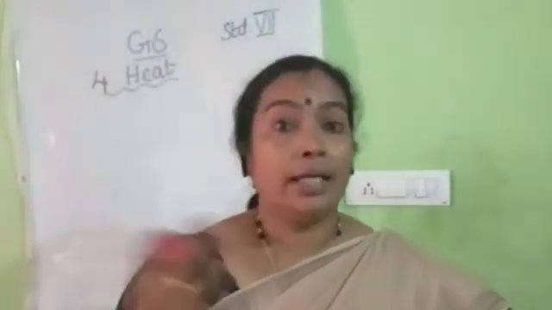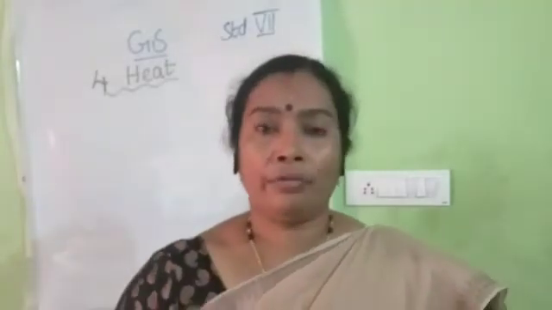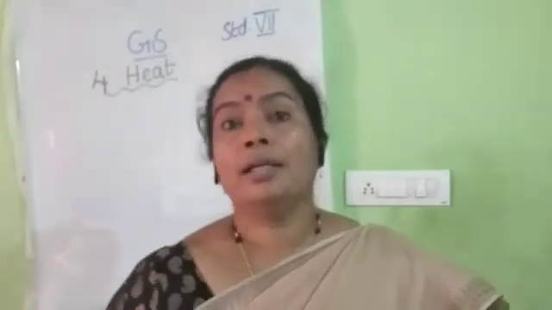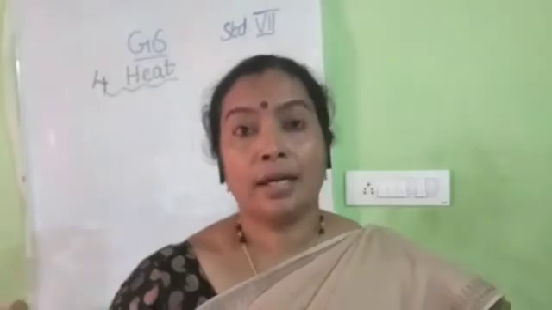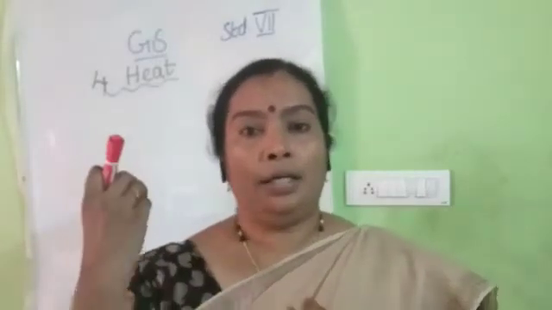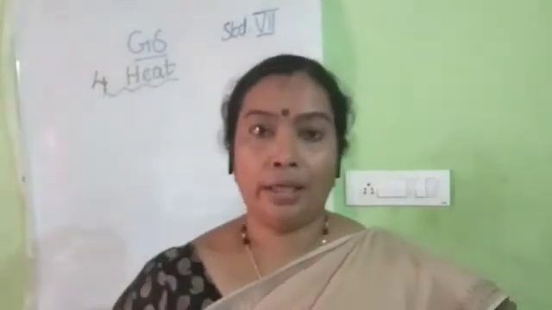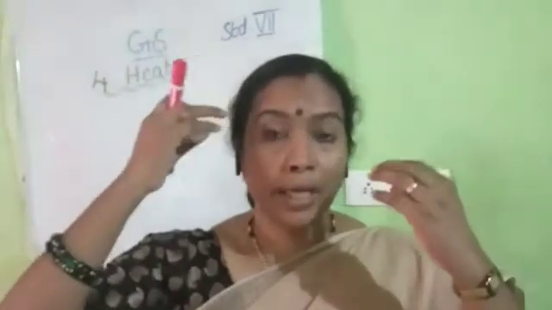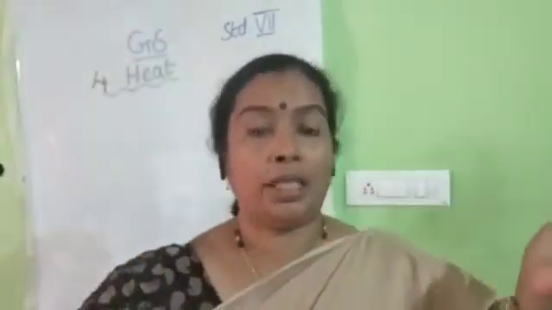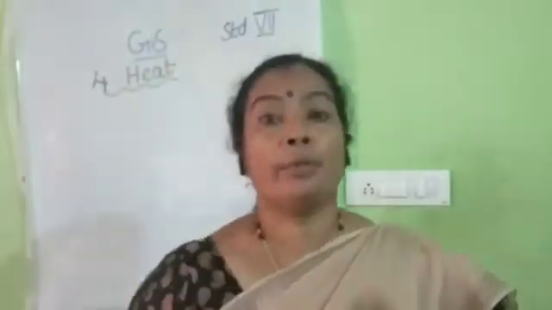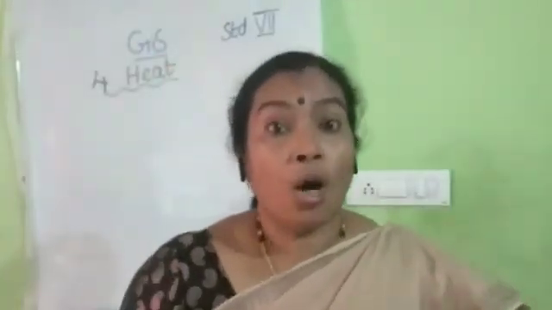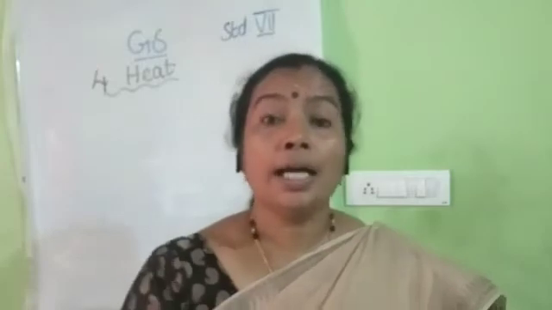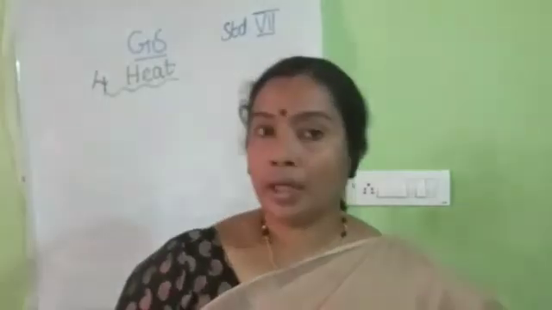So our elders, or in your house your mother or father, anyone will advise, while going out on hot summer or sunny days, at least keep an umbrella or a cap on your head, because the sun's heat will fall on our body. The body reflects some amount of heat out, but it absorbs some amount of heat. So we feel hot, and when we touch our head, we feel very hot while going out in the sunny noons.